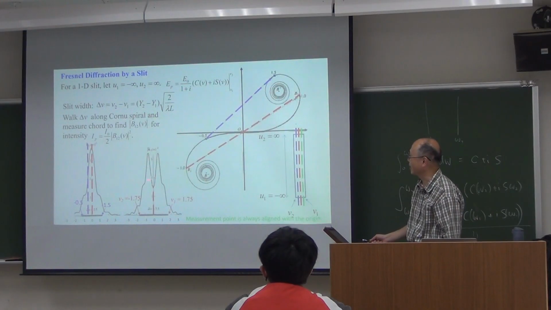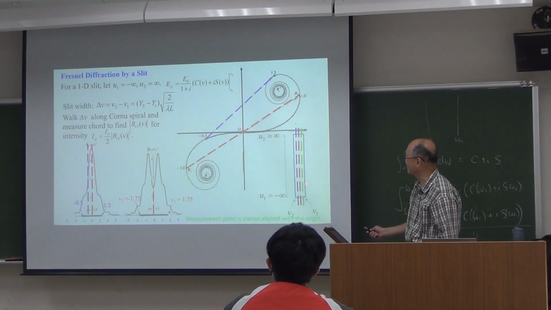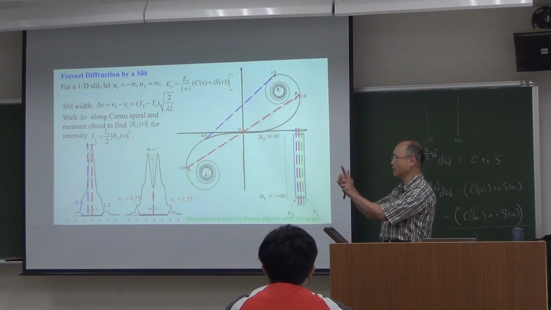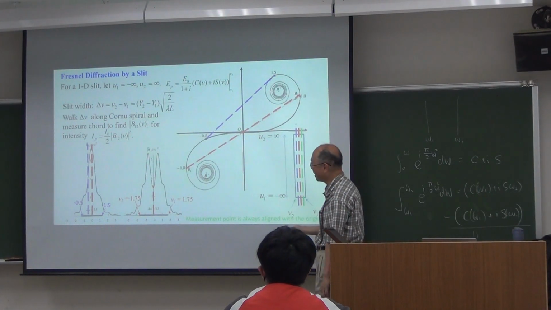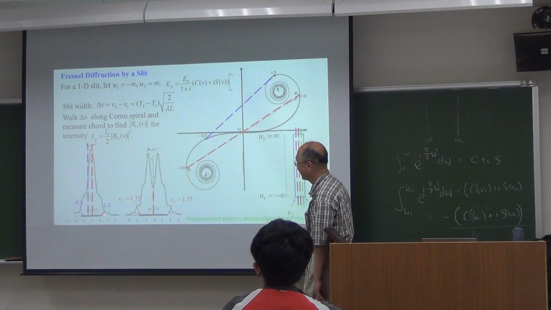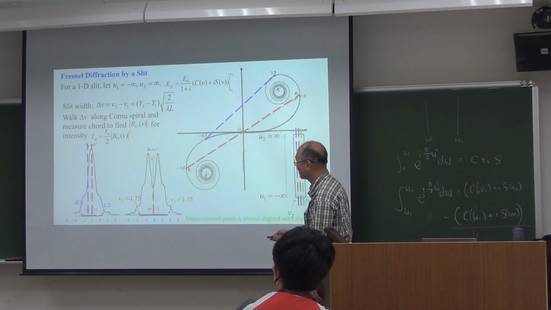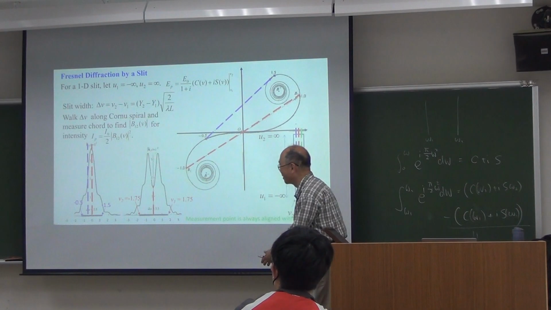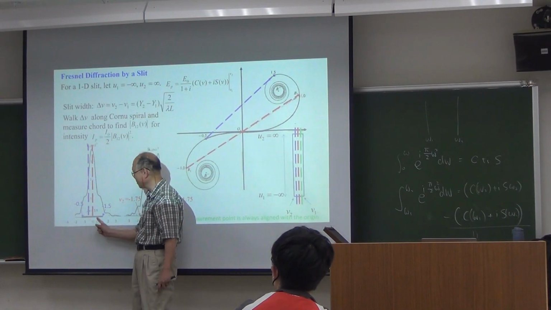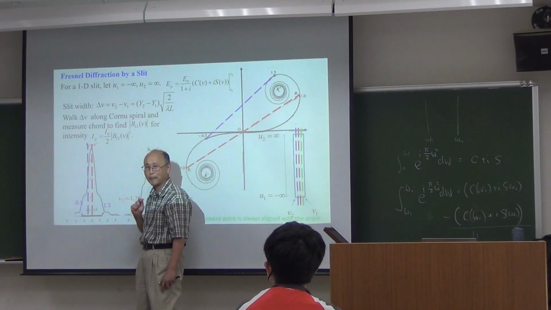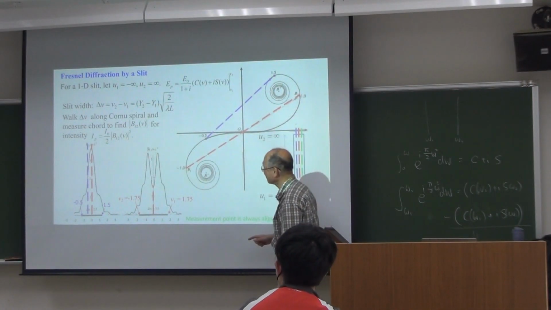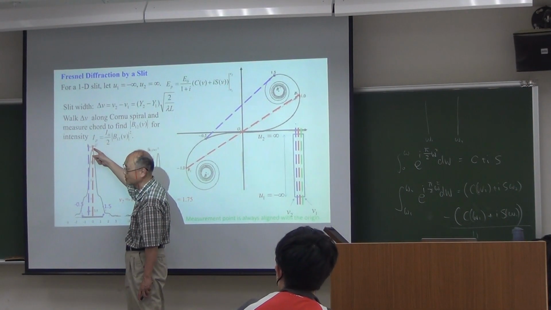If I want to construct the intensity, somewhere behind is the slit. So imagine that I have some slit, and in the back I have some screen. I want to construct the intensity. Let's assume that I have a normalized slit width equal to 2, running from -1 to 1 for W1 and W2. And I want to figure out the intensity right at the center.